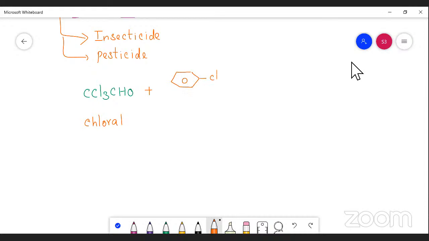Here there is Cl and here there is H. And one more chlorobenzene we are taking. Here there is hydrogen and here there is chlorine, in presence of sulfuric acid.